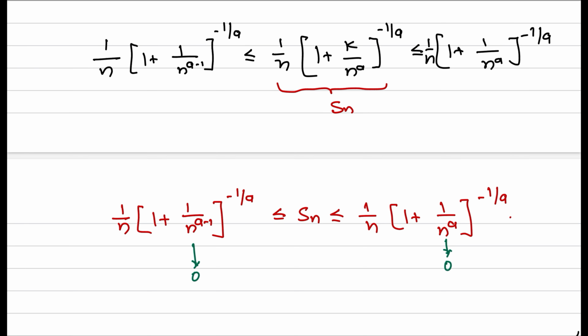And something to the power of 1 by infinity is something to the power of 0, which is 1. For example, if n tends to infinity, also this becomes 0 and this becomes 0.